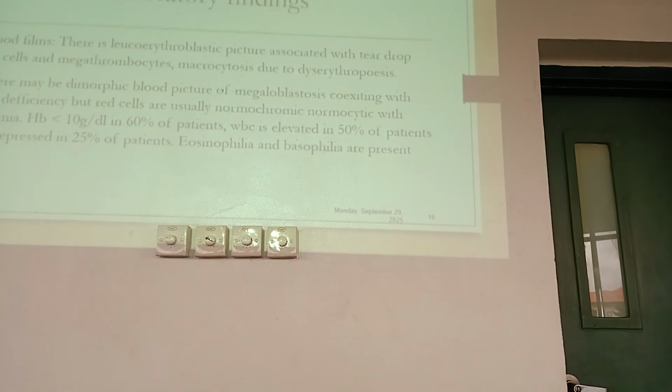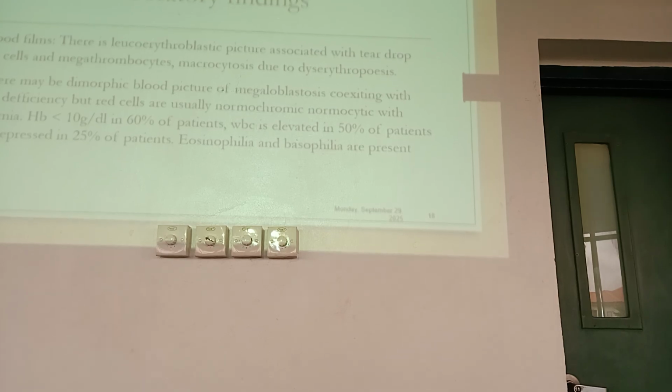They are produced from an abnormal site. That's what they call a leukoerythroblastic picture. And teardrop red cells, like a teardrop. And big platelets. You see all these macrocytes in the peripheral field.